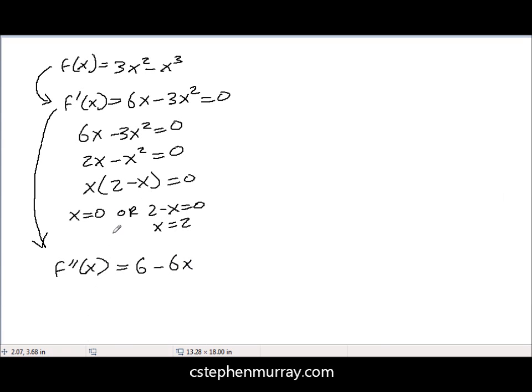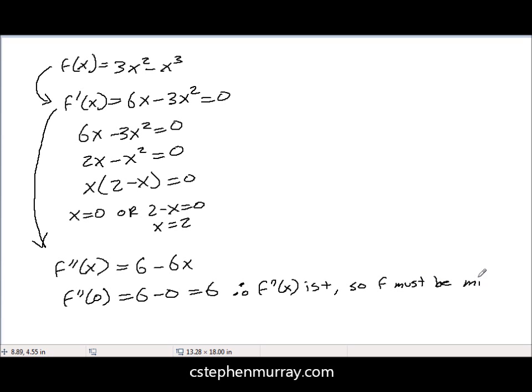Now I'm going to put in 0. So f double prime of 0 equals 6 minus 0 equals 6. Therefore, f double prime is positive, so f must be a min at this point.